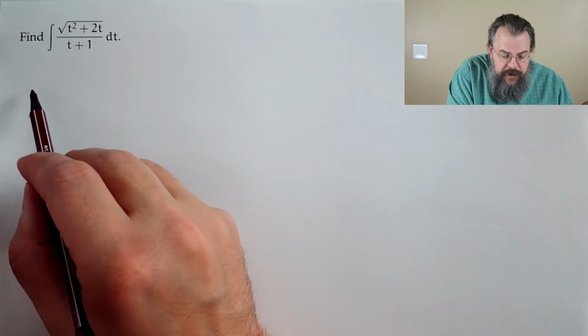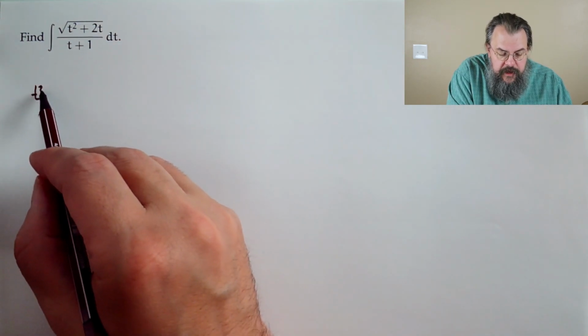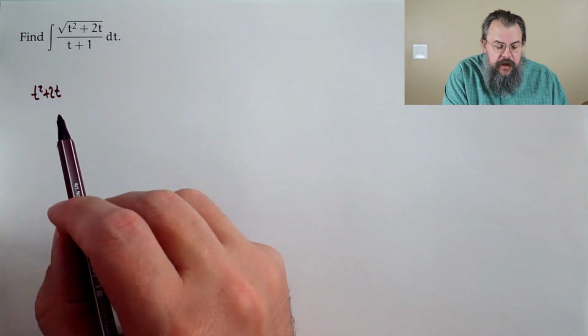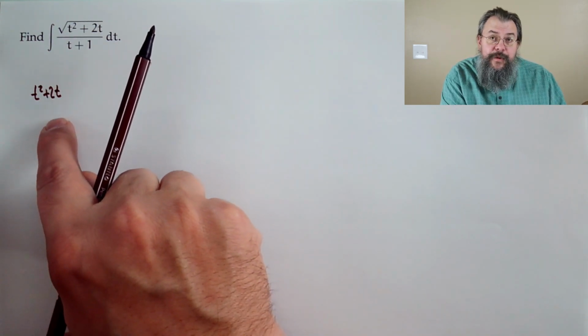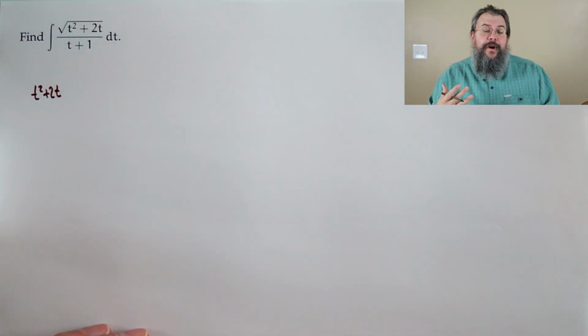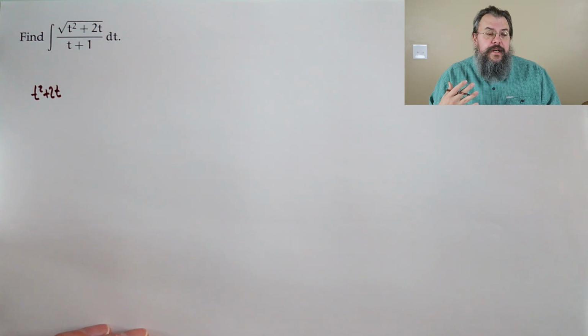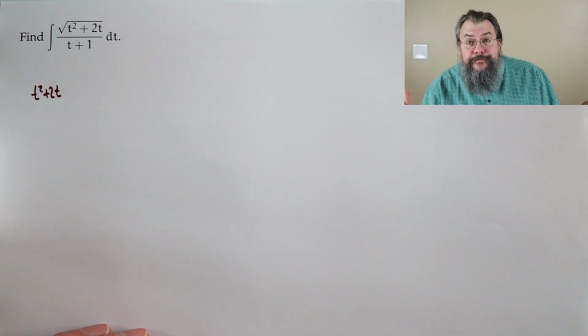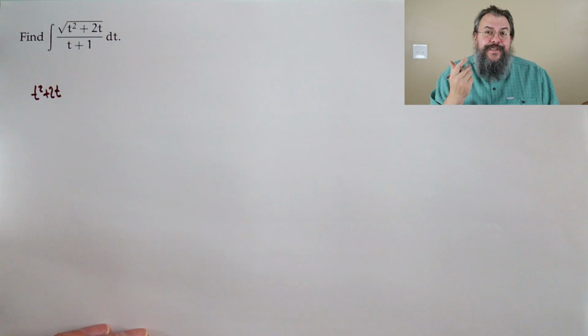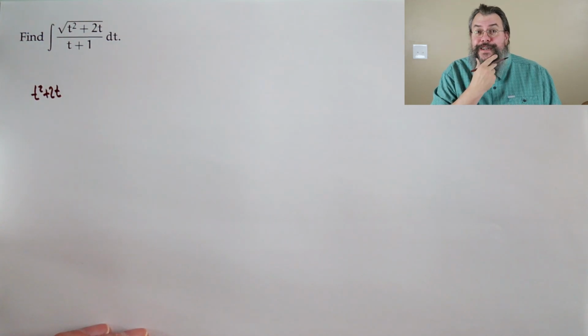So let's think about what we have inside. We have a t squared plus 2t. Now, that's not a square. I really want to make it a square. Right now it feels a little bit incomplete. So is there something we can do to complete the square?